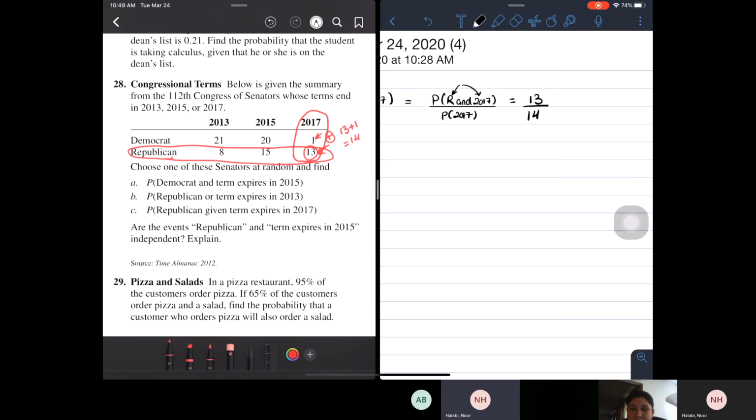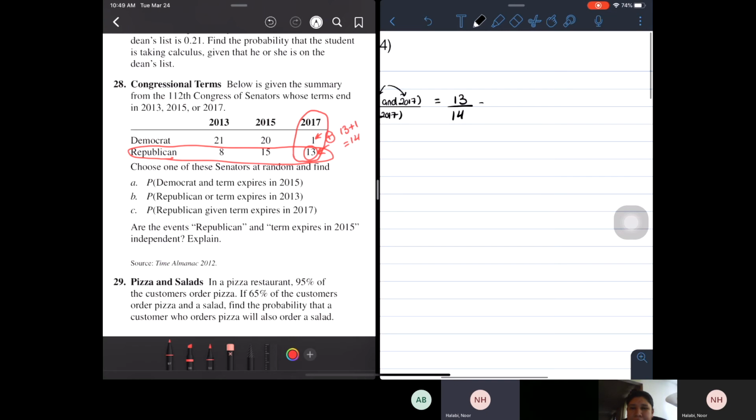So my answer would just be 13 over 14. If I use the calculator, 13 divided by 14 gives me 0.92.